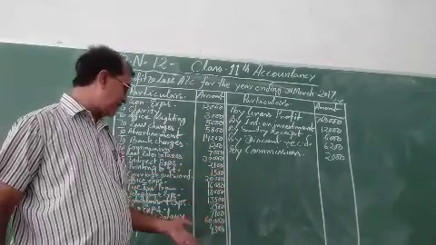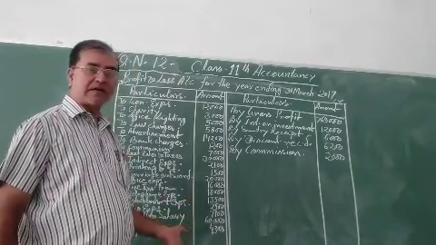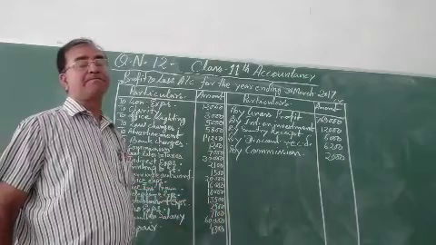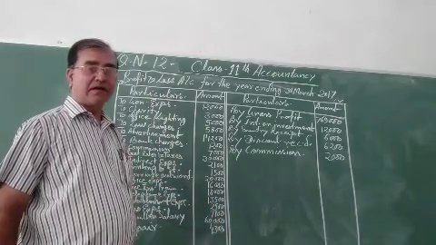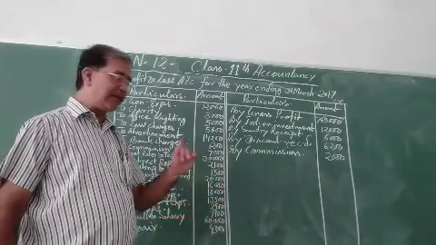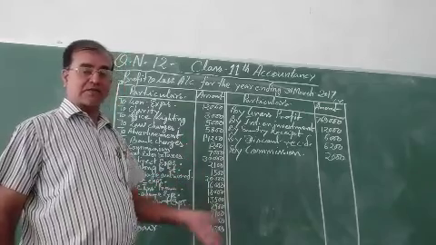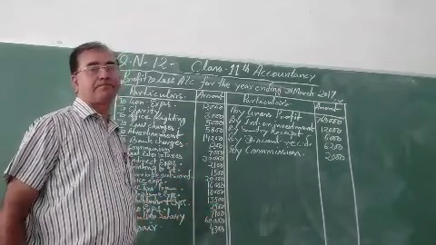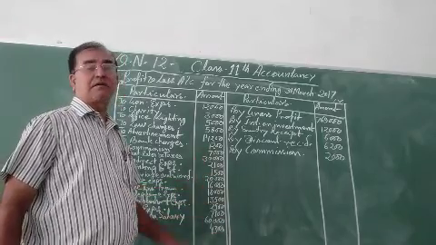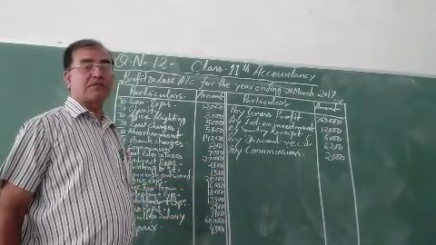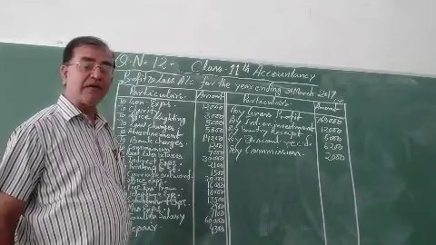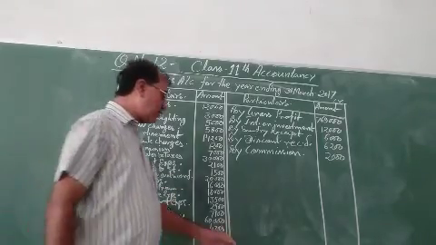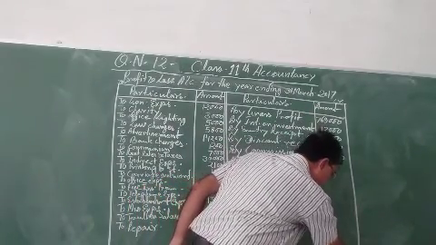In the balance sheet, the net profit is added to the capital, so capital increases; if a loss occurred, the loss is deducted from the capital, so the capital decreases. So now we have to total this one.